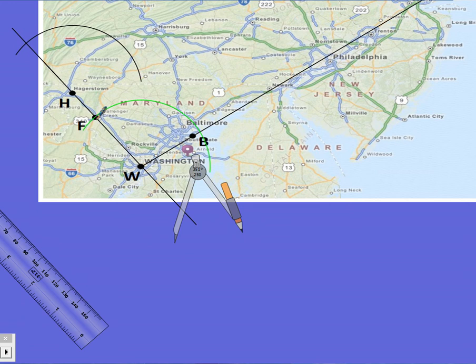Now I'm going to measure this distance between these 2 points with my compass. I want to measure from the arc to the arc, where the arcs intersect. I'm going to move this down till I get the right distance. Maybe mark it, show that I've got it.